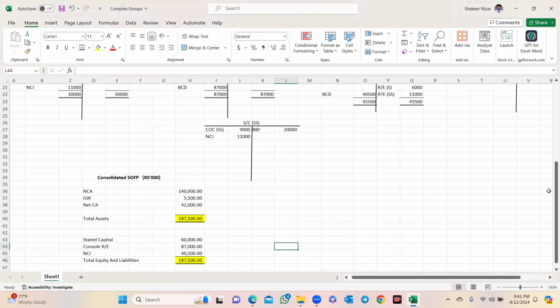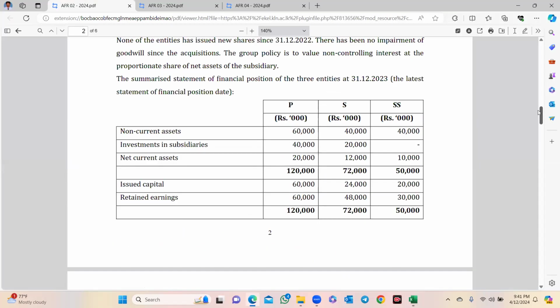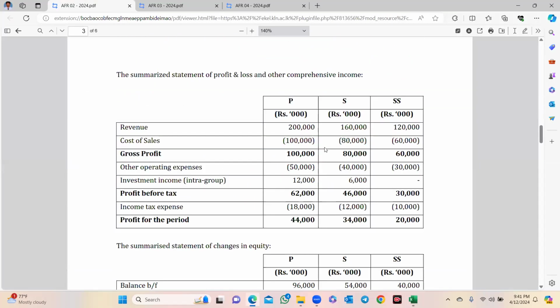Then we can go ahead with the consolidated comprehensive income, the consolidated income statement. Since we do not have any P&L adjustment, it is just line by line addition.